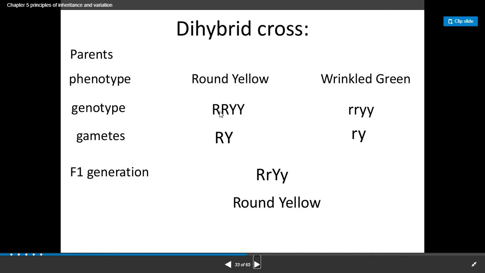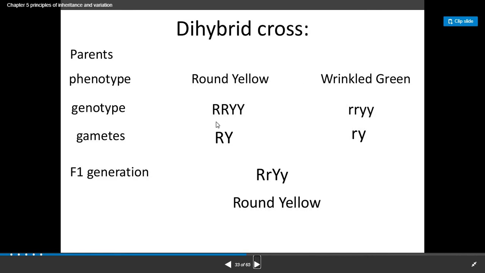This R represents the shape of the seed, and the Y represents the color of the seed. So here it is round and yellow, and here wrinkled and green.